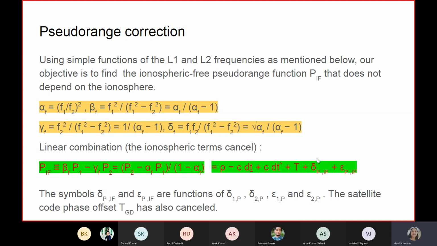These two are functions of delta 1p, delta 2p, epsilon 1p and epsilon 2p. So these are the ionospheric free combinations for multipath error as well as measurement noise error. Here you can see that capital TGD is also not there. That has also been cancelled. So we arrive at a much simpler equation for pseudo range.